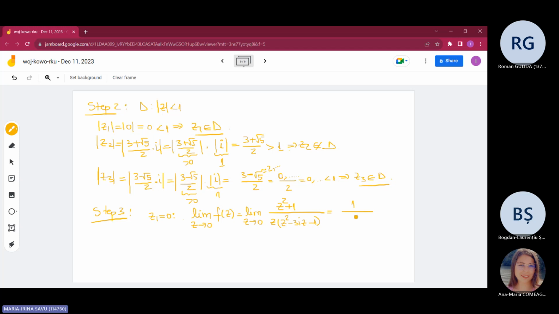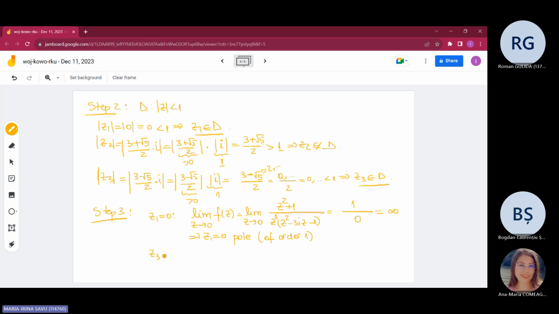This is 1 over 0, which is infinity, which means that z1 equals 0 is a pole. Okay, and what is the order of the pole? 1. Yes, exactly, 1, because z appears here at the power 1, so the order is 1.